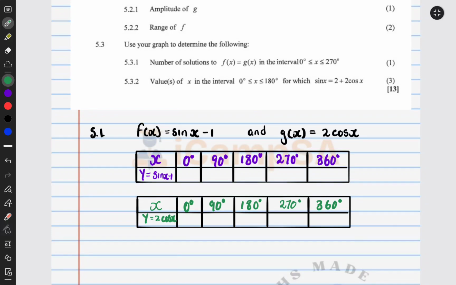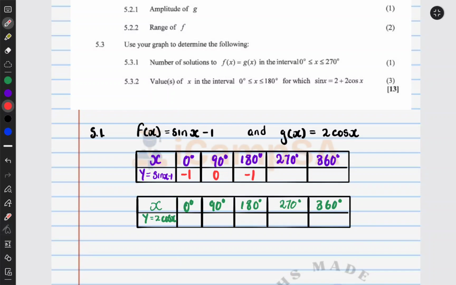Let's find the corresponding y values. Sin of 0 minus 1 is -1. Sin of 90 minus 1 is 0. Sin of 180 minus 1 is -1.